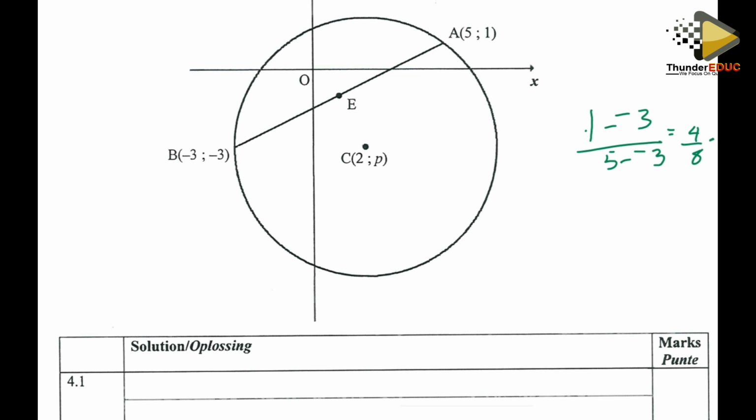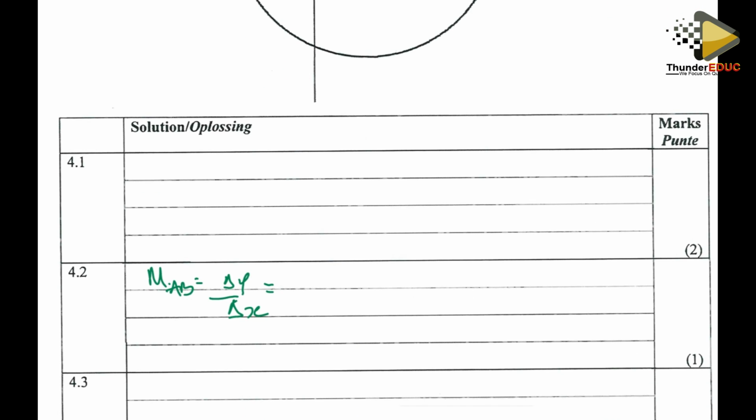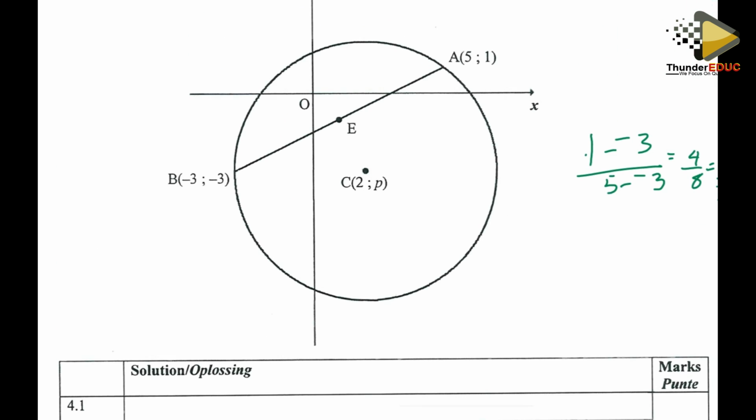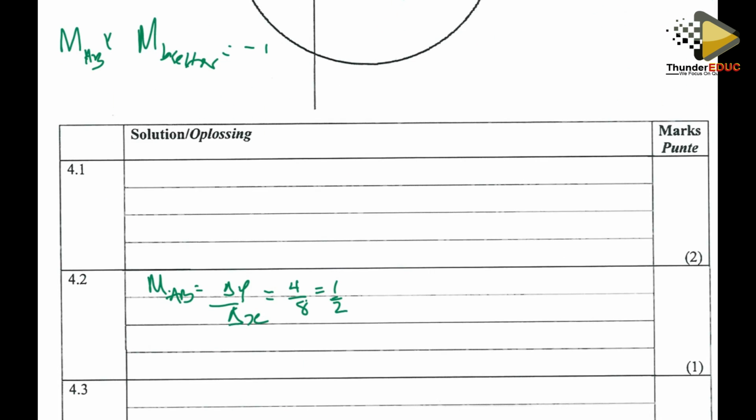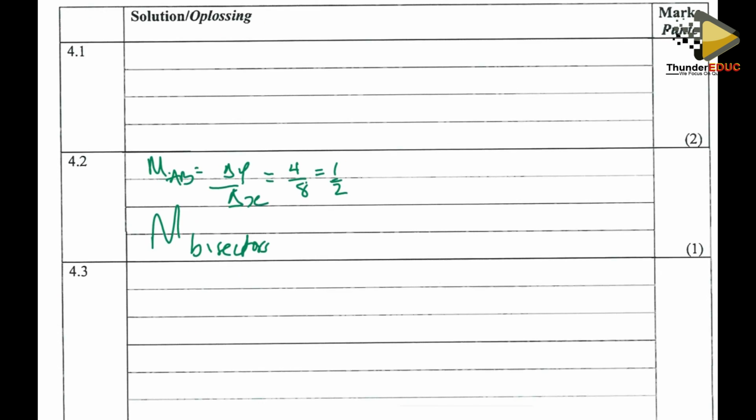So that's going to be 4 over 8, which gives me a half. But we know that lines that are perpendicular must give us a product of -1 when we multiply the gradients. So the gradient of AB times the gradient of the bisector must get a -1, which means that the gradient of the bisector must be -2.